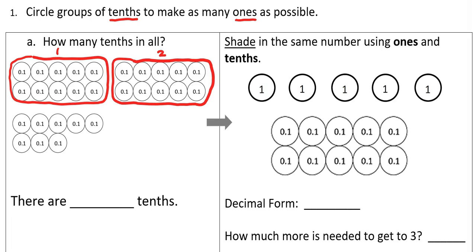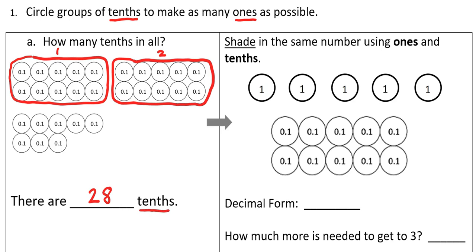I will leave the remaining discs as is because there aren't 10 of them, so I can't make another whole. Altogether, in this box, I have 28 tenths. I have 10 to make one whole, 20 to make the two wholes, and then 8 more. So altogether, there are 28 tenths.